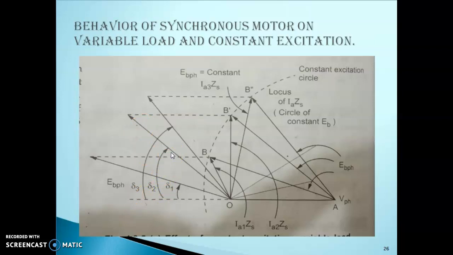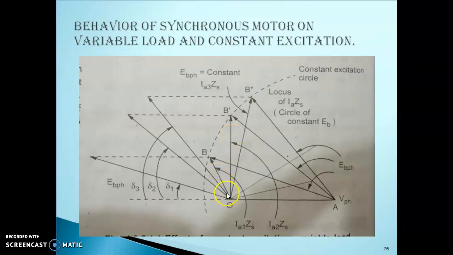As load increases, load angle delta is also increased. Now as load angle delta increases, but the magnitude of EBPH is the same, constant with the VPH, then if we take a phasor difference of VPH and EBPH, we will get this resultant phasor.